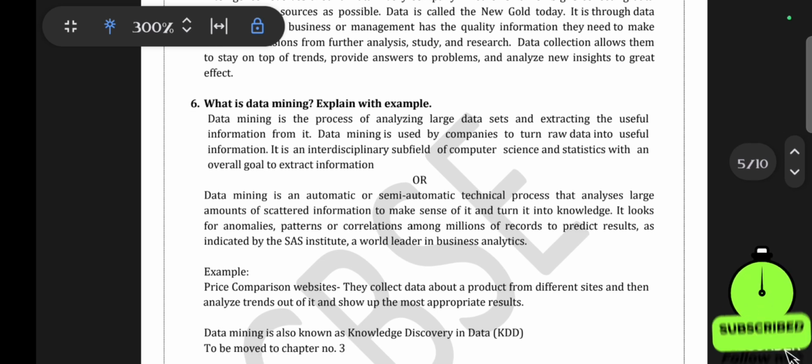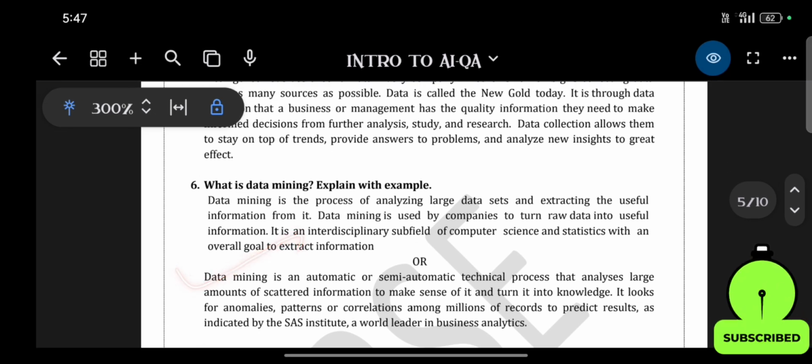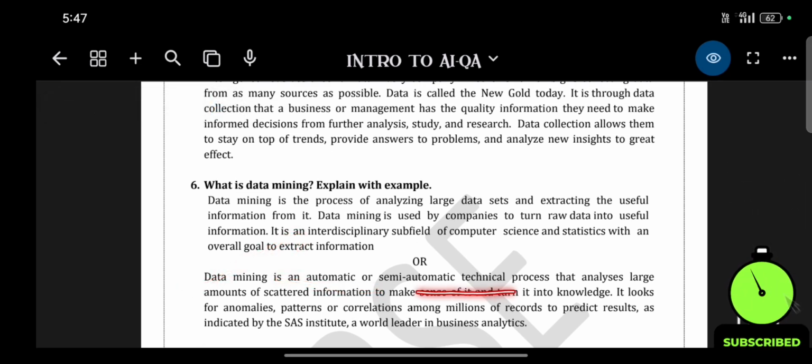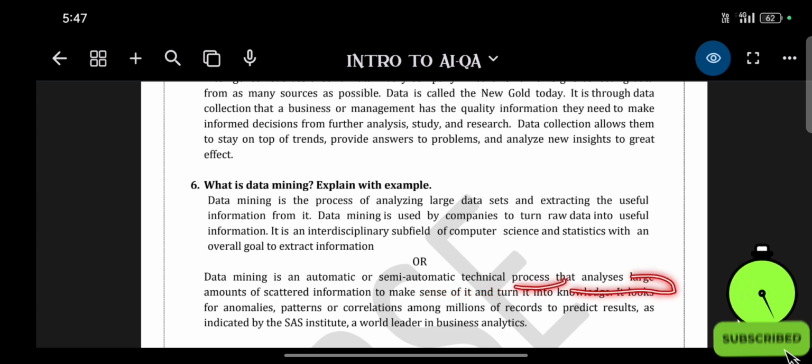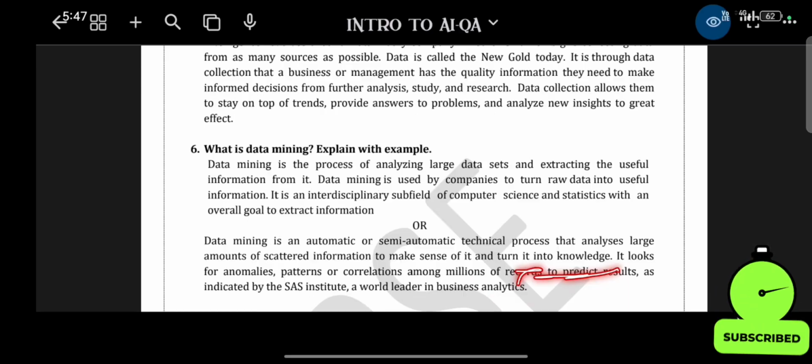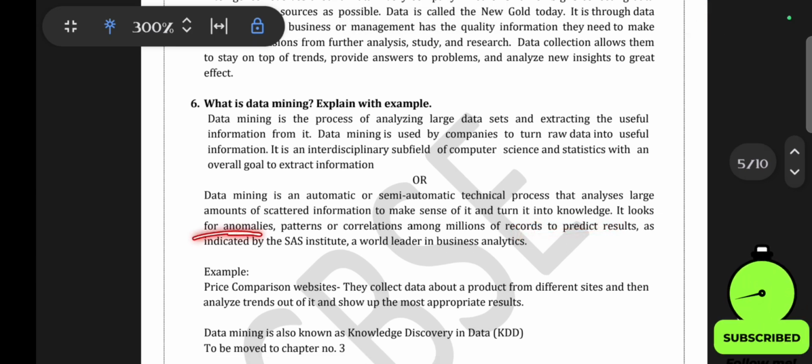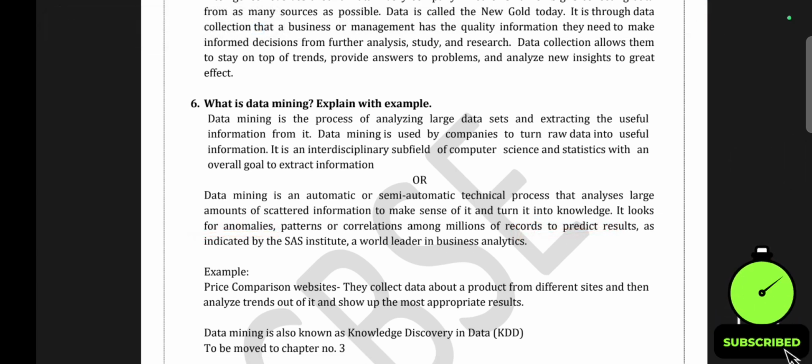Or you can write this one also, that data mining is an automatic or semi-automatic technical process that analyzes large amount of scattered information to make sense of it and turn it into knowledge. It looks for anomalies, patterns, or correlation among millions of records to predict results as indicated by the SAS Institute, a world leader in business analytics.